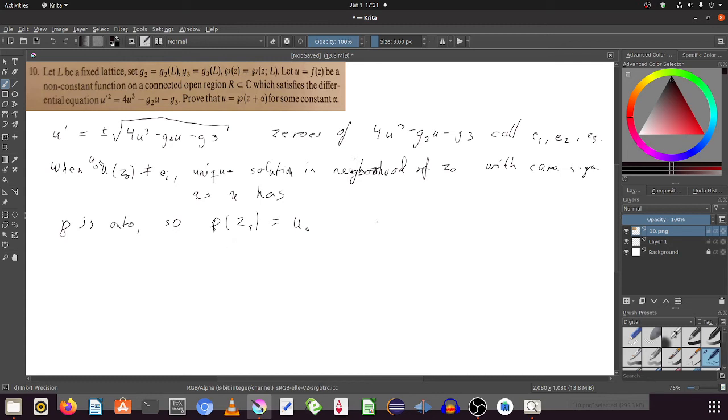Then we define f of z so that when we insert z naught, we get z1. So this is our alpha. Then they agree in the neighborhood, and it can be extended by analytic continuation everywhere except the pole at alpha.